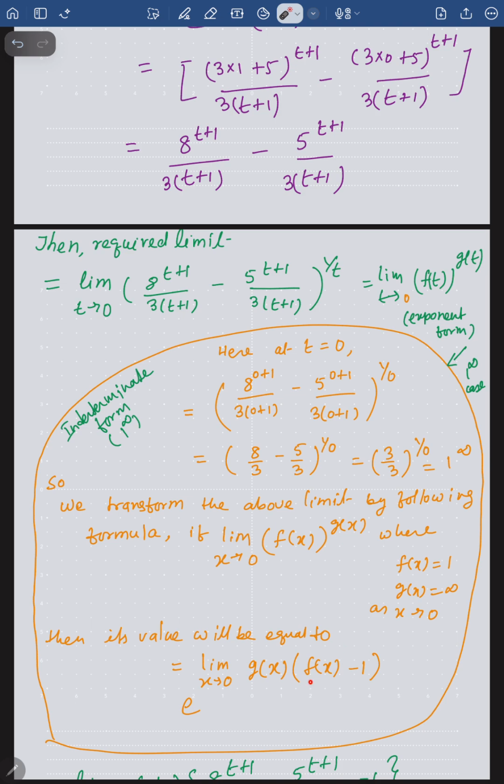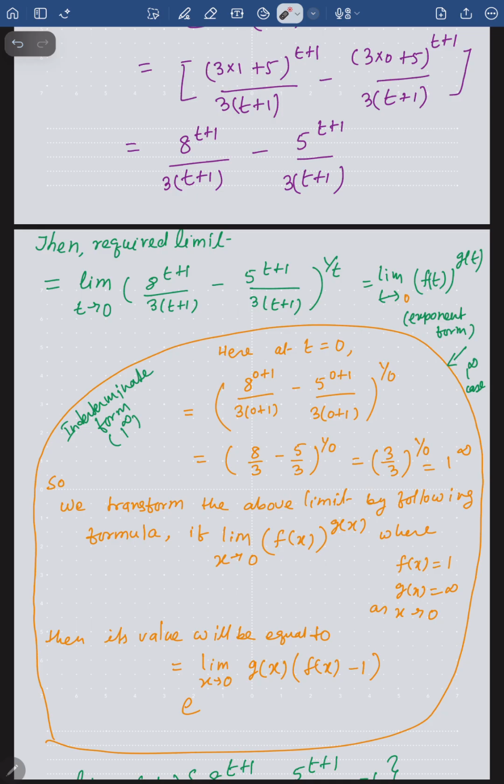So the base will be subtracted by 1 and the power will come beside the base. Okay, this is the actual meaning of this formula. And you must have come across this formula when you learned the limit chapter, so you can go and revise it also.